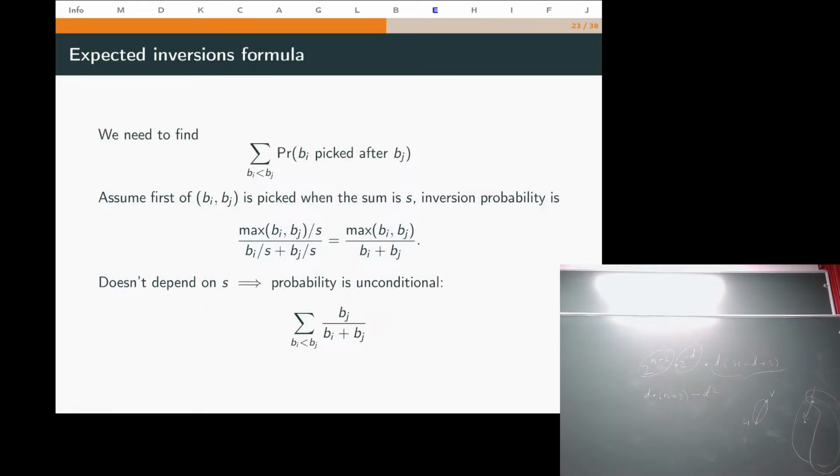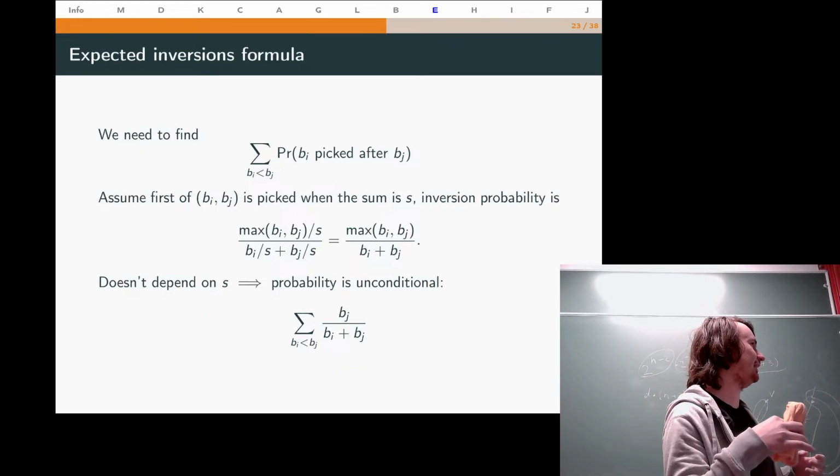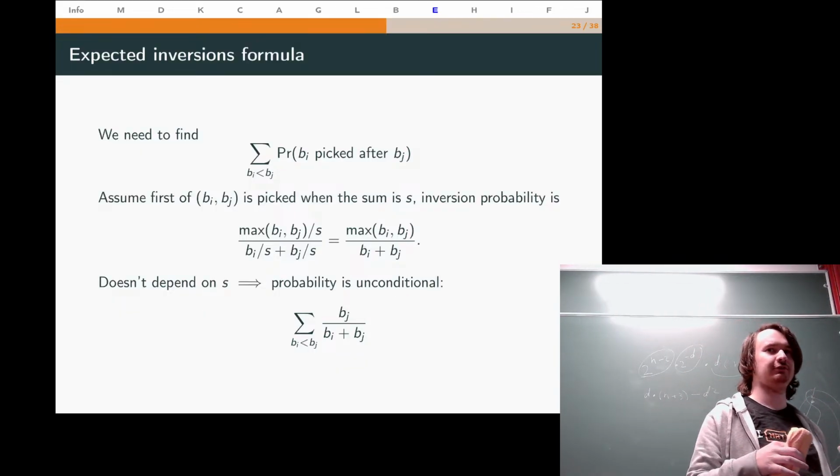So if you put it in writing, we need to sum up over all possible pairs of bi less than bj the probability that bi is picked after bj. So first of all, we can condition this probability on the sum of remaining values s when we pick the first of these elements.